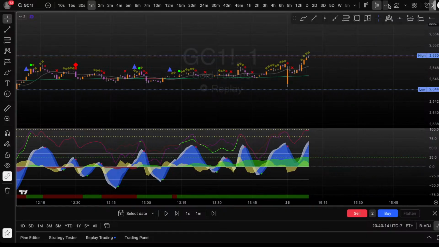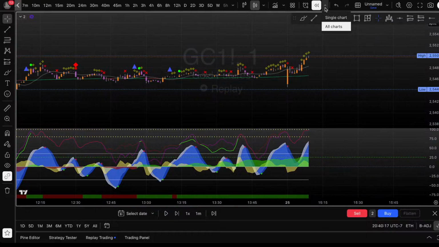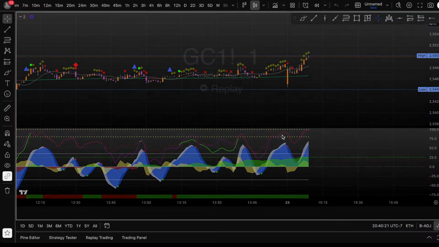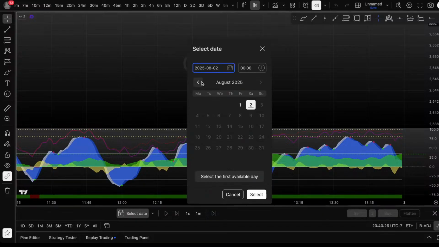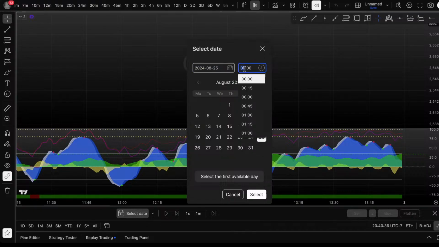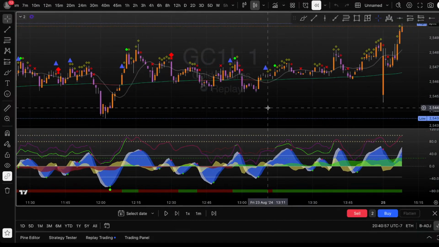So let's stop the magic, stop the show. Here we go.